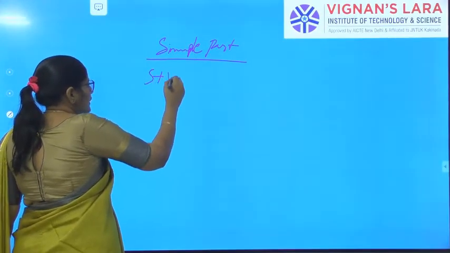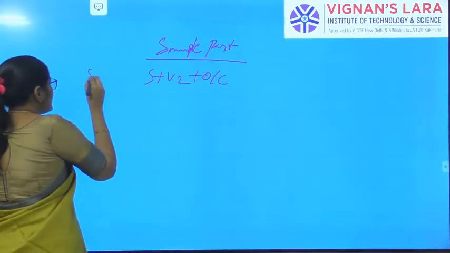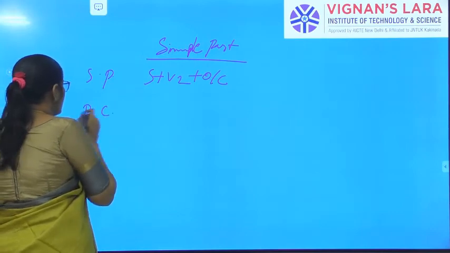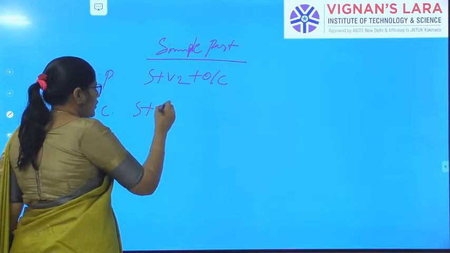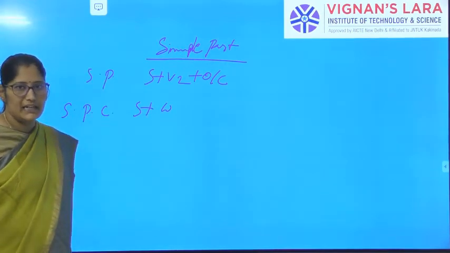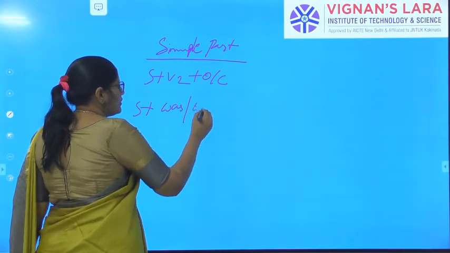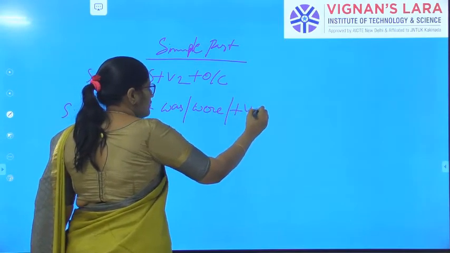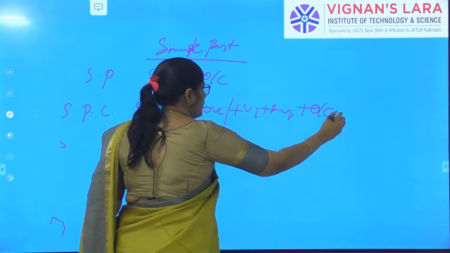Subject plus V2 plus object or complement. This is for simple past. Then we'll go with the past continuous tense. Subject plus, in simple present tense we use am, is, or are, that indicates present, but here we use was or were, plus V1 plus ing plus object or complement.